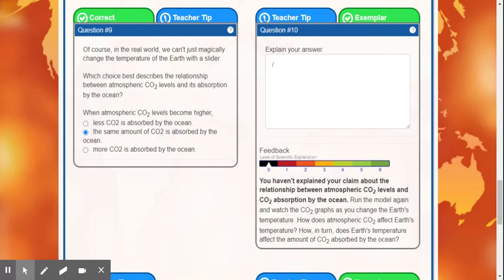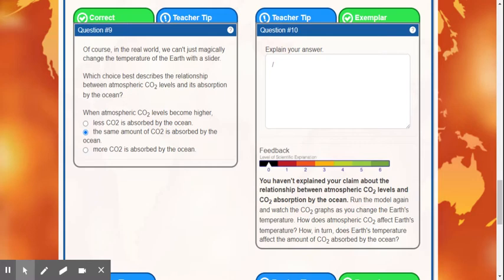It says, of course, in the real world, we can't just magically change the temperature of the Earth with a slider. Which choice best describes the relationship between atmospheric CO2 levels and its absorption by the ocean?